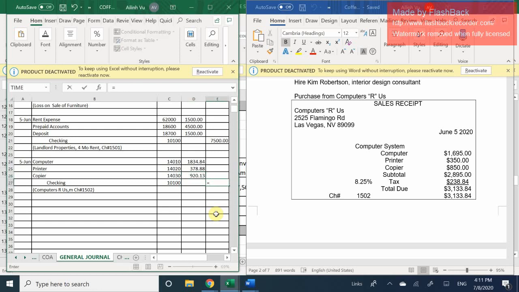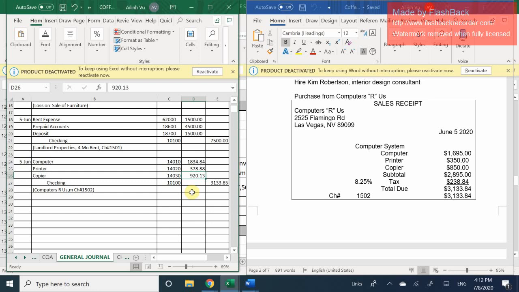And if I add that up, if I equal sum that amount, I'm going to be off by a penny. If I add these, boom, it says $3,133.85. My sales tax total on my receipt is for 84 cents. So I need to trim a penny somewhere. If I expose all of them, the last one that you put in is the one you're going to change.